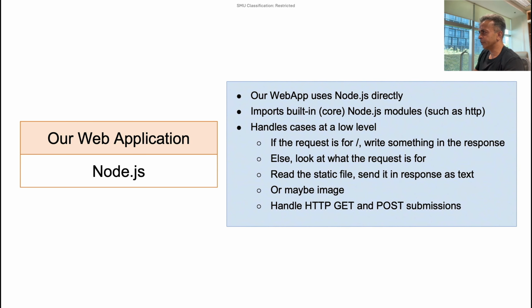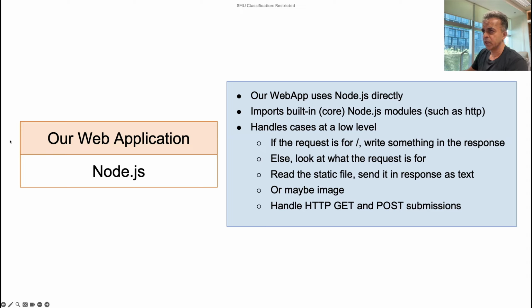So what we were doing was to talk to Node.js directly using the core modules in there, and that basically meant that every time you wanted to do something, you had to explicitly code those things yourself. So if you're requesting a static file, you have to set it up, and if it's a text file, you have to say that the MIME type is text. If it is image, you have to say it's image. If it is a video, you have to say it's video, etc. So it's a lot of work, a lot of cases to be handled. All those things were implemented in Express for you.